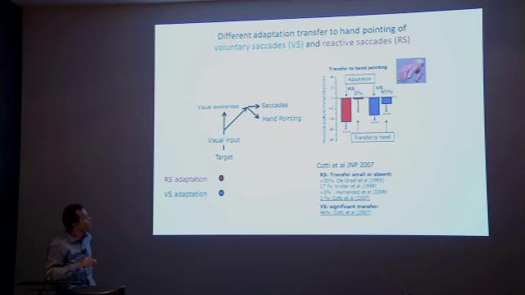But when we do voluntary saccade adaptation, there is a significant and strong transfer to hand pointing movement in the same subjects, again tested on a different day, suggesting that when we adapt reactive saccades, we really are dealing with a motor pathway which is specific to the saccadic system and without any interference with the hand pointing movements. In contrast, for voluntary saccades, we are assuming that since there is a partial transfer to hand pointing, there are again two loci of adaptation.